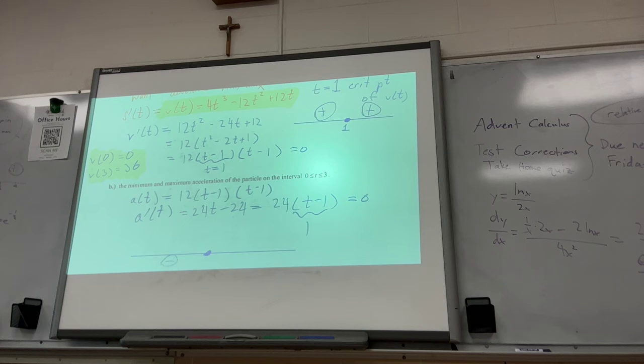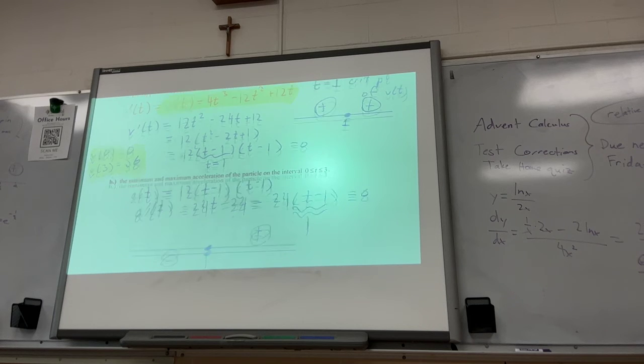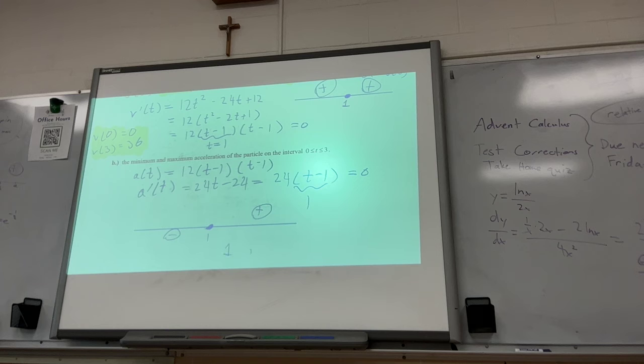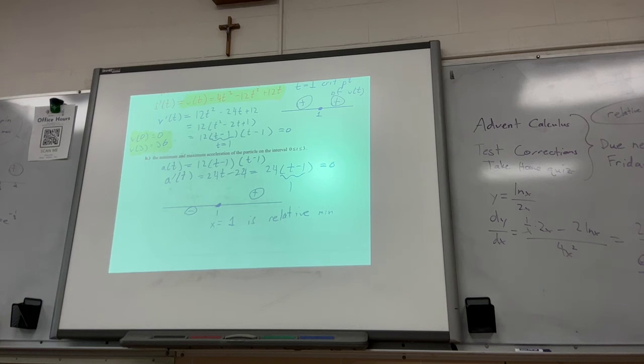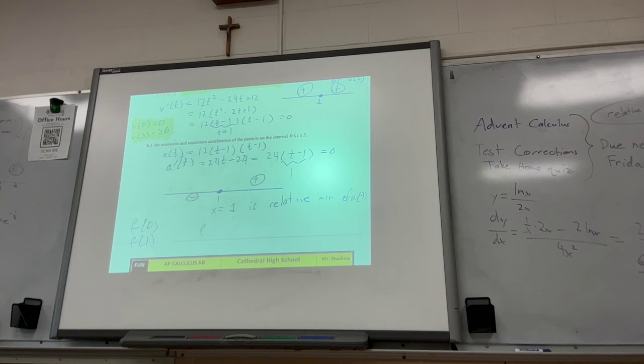It'll be negative to the left, positive to the right. So 1 is a relative min. So we have to plug in a of 0, a of 1, since that's our extremum, and a of 3.